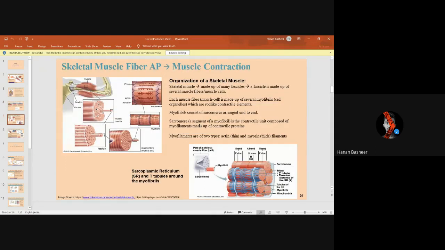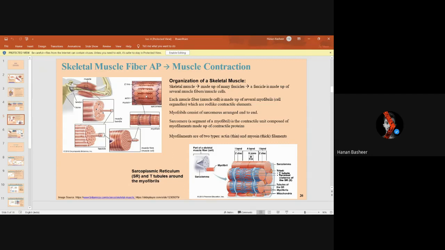Then organization of a skeletal muscle. How is a skeletal muscle built? First, the skeletal muscle is made up of many fascicles. A fascicle is made up of several muscle fibers, or muscle cells. Each muscle fiber is made up of several myofibrils, the cell organelles, which are rod-like contractile elements.